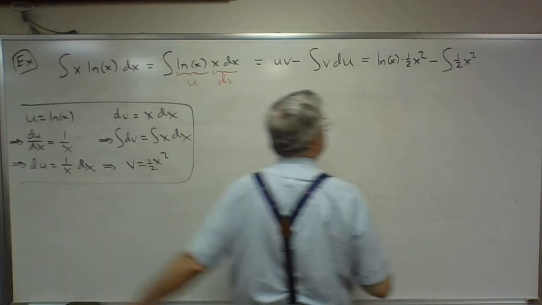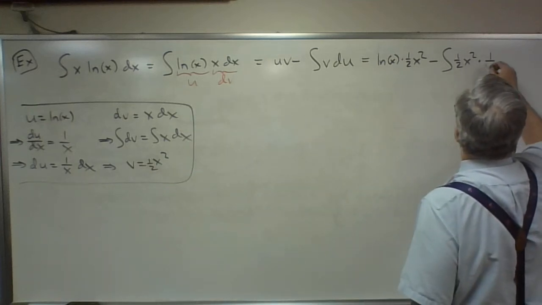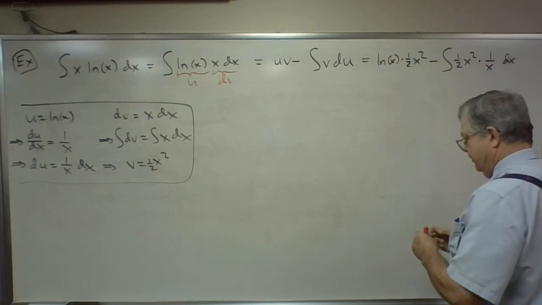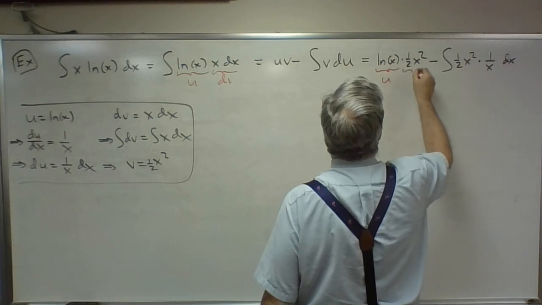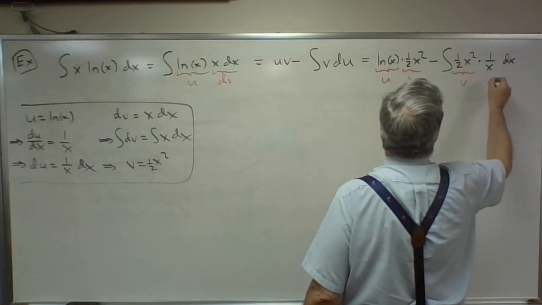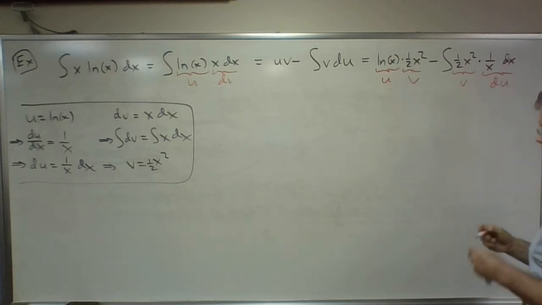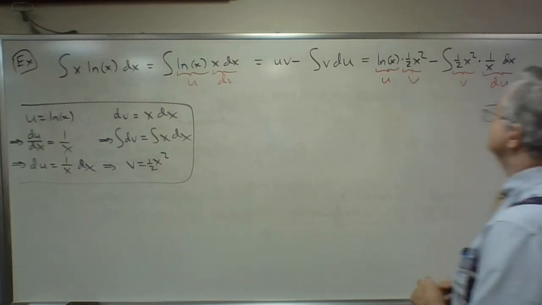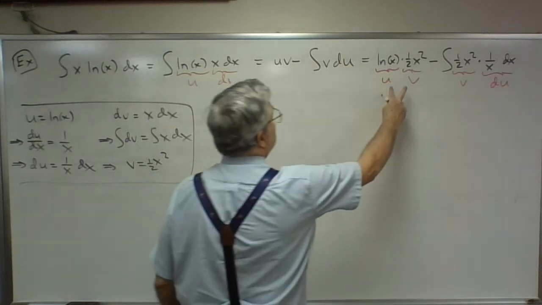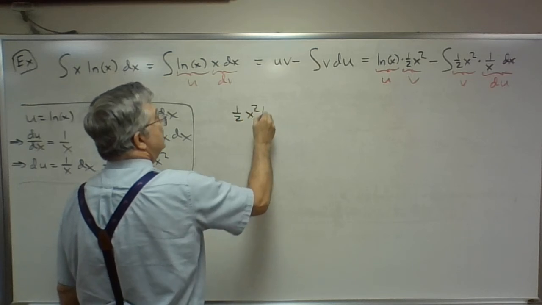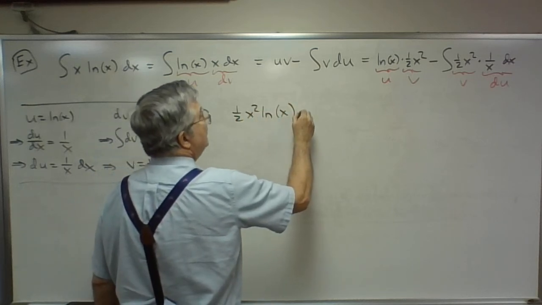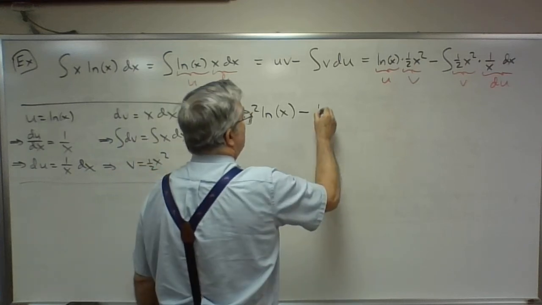Du is 1/x dx. Okay. I'm going to rearrange the order here. I'm going to write 1/2 x squared natural log of x minus 1/2.